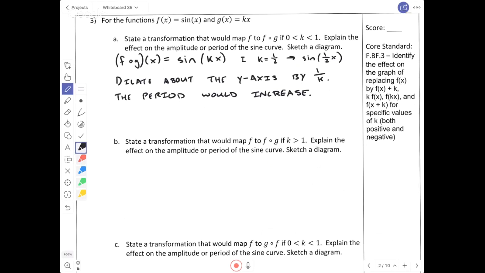And sketch a diagram. So here's going to be the original sine of x curve.